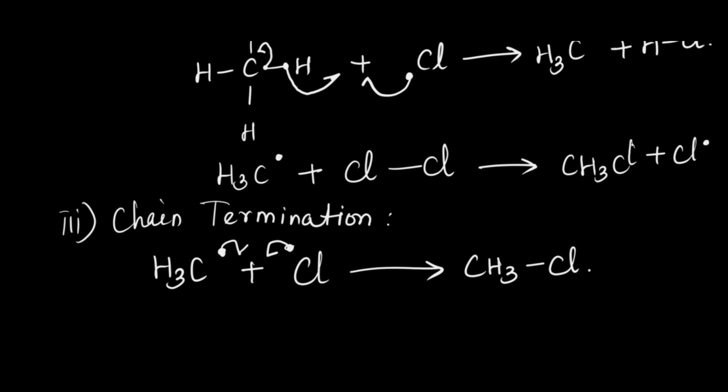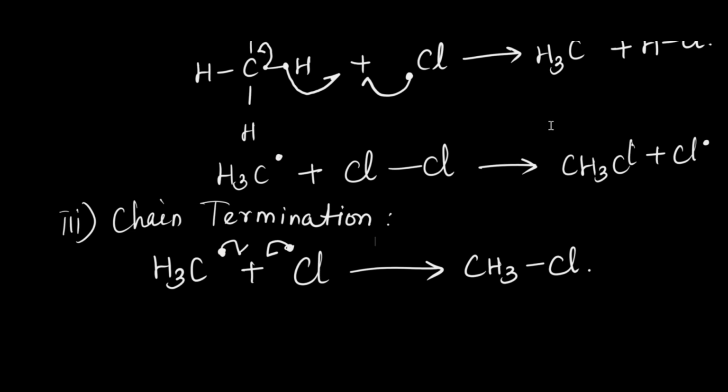So in case of initiation, the radicals are formed. In case of propagation, one of those products can form along with the radical formation. In the termination, all those radicals come together and get settled as the product.